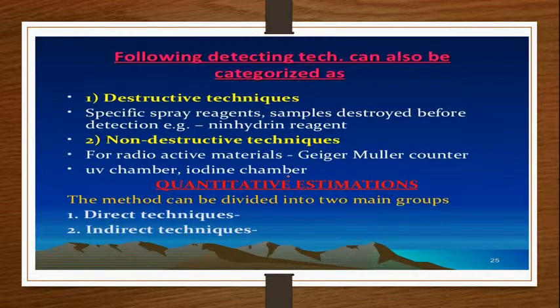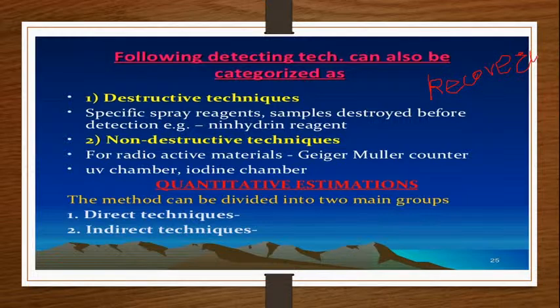Now the classification can also depend upon whether the technique is destructive or non-destructive in nature. As you all know, in analysis, destructive means you cannot recollect the sample. In chromatography, the term recovery is used when you can easily recover the sample.